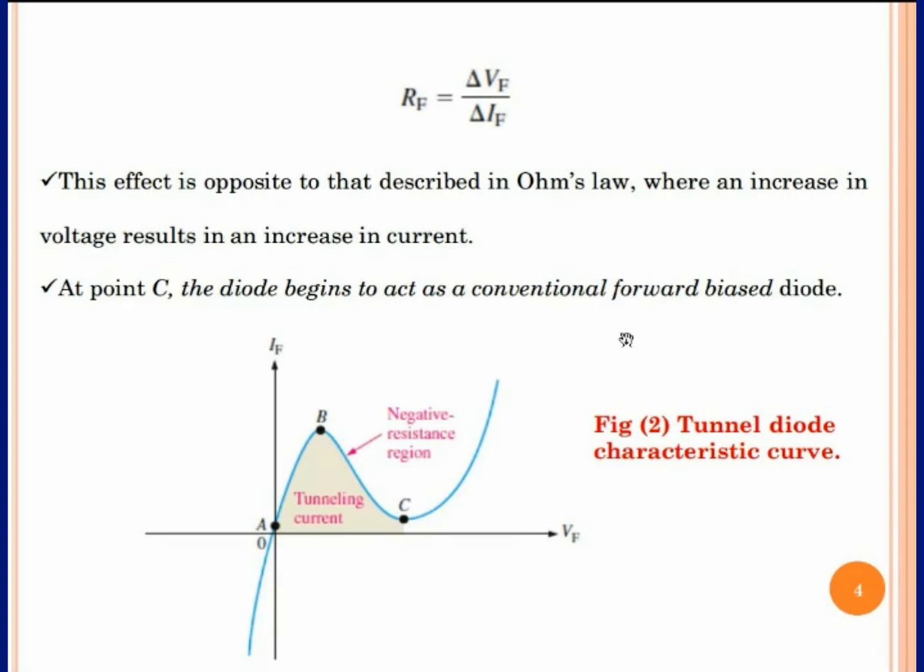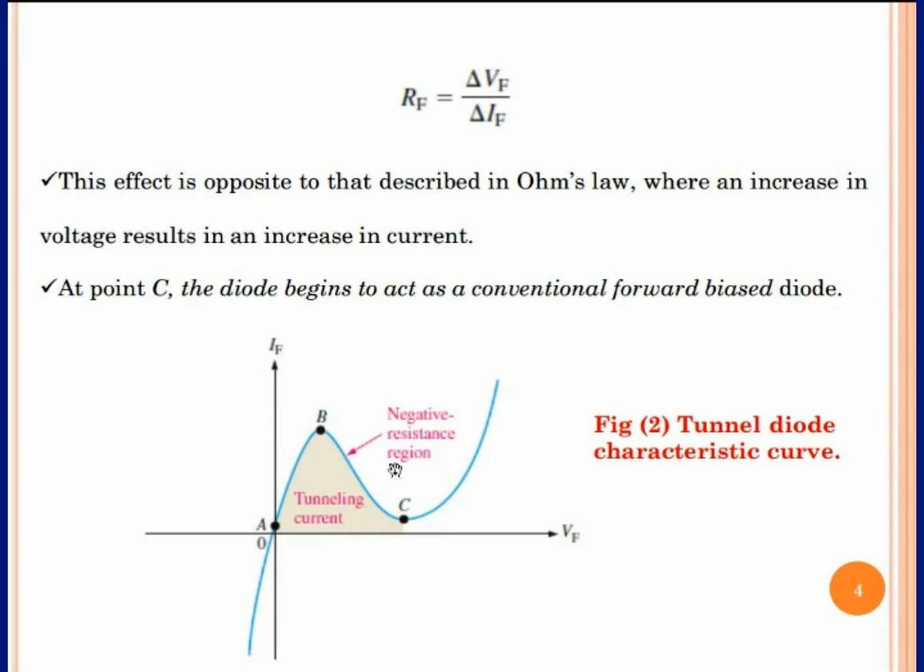V is equal to IR, or del V is equal to del I times R, so R is V by I. If you want to calculate del R, it is del V by del I. You take the difference between these, which gives del V, and the difference between these, which gives del I. The negative resistance can be calculated using this del V by del I relation.